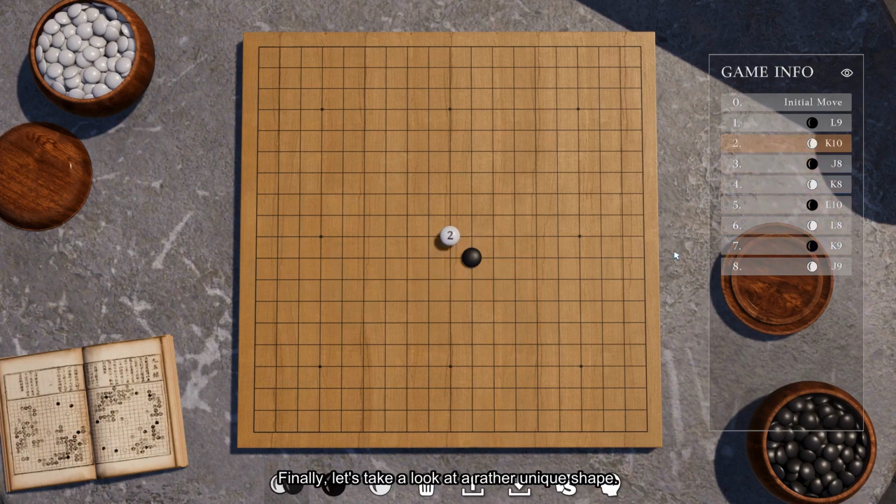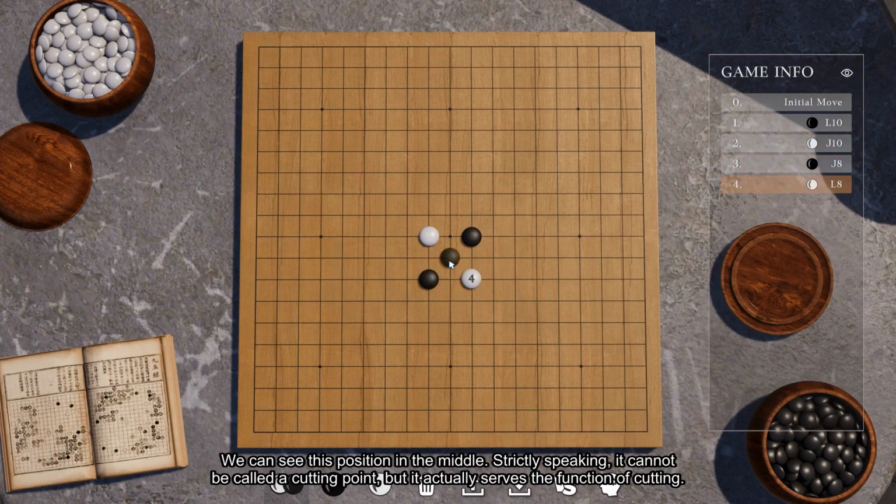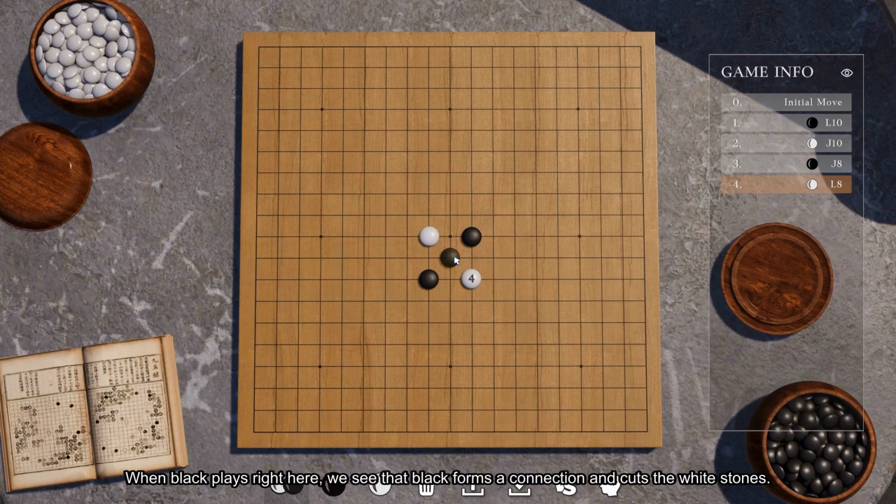Finally, let's take a look at a rather unique shape. We can see this position in the middle. Strictly speaking, it cannot be called a cutting point, but it actually serves the function of cutting. When black plays right here, we see that black forms a connection and cuts the white stones.